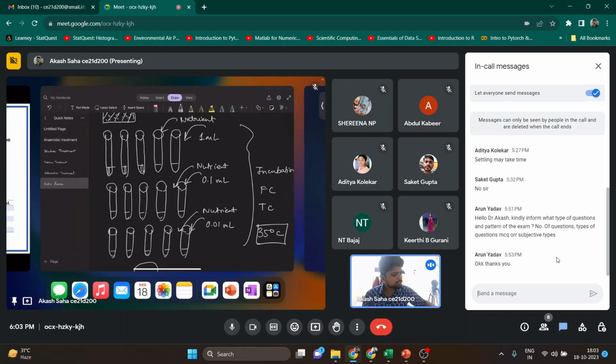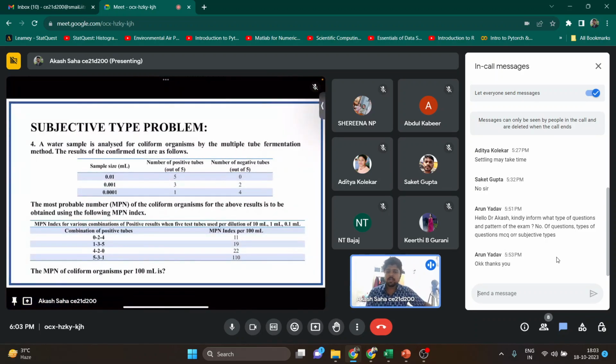So if we see the question now, the sample sizes given start at 0.01. That means for the first 5 test tubes, they have put 0.01 ml of sample, then 0.001, then 0.0001 ml of sample.